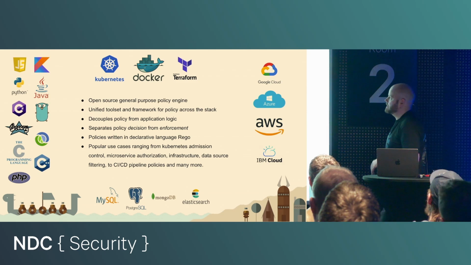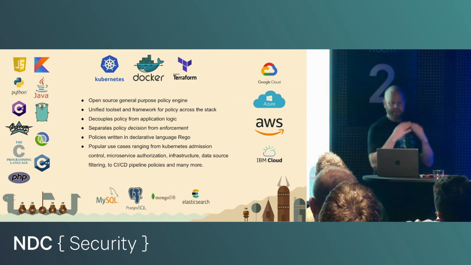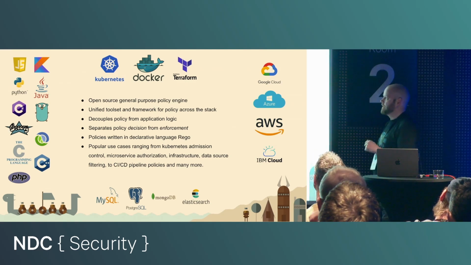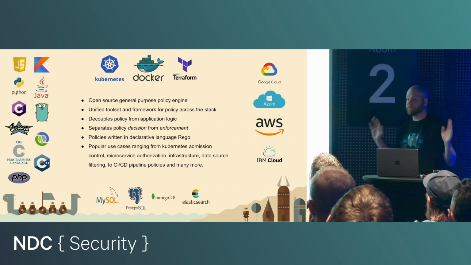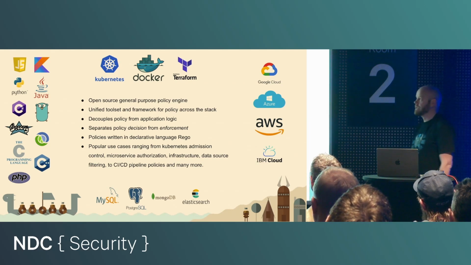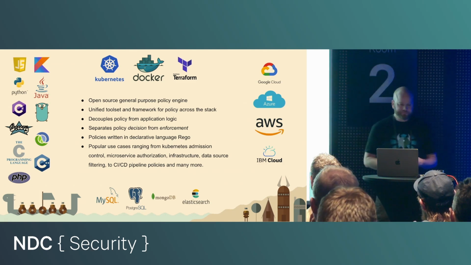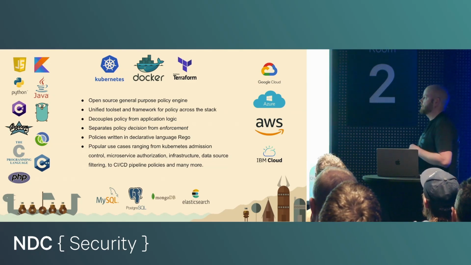We separate policy decision from enforcement. It's another concept of OPA. It basically means OPA makes decisions. It says, this user should not be allowed based on the input I got here. But it doesn't do anything with that. It's just going to tell the service. And then it's up to that service how it should act on that.